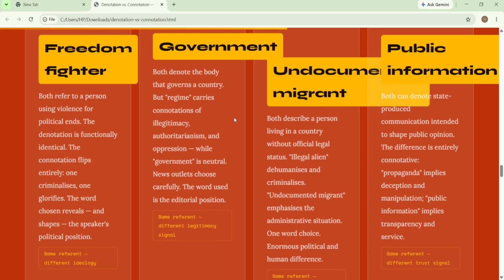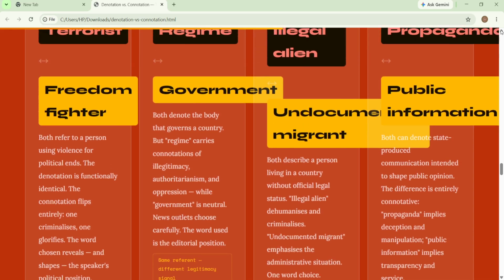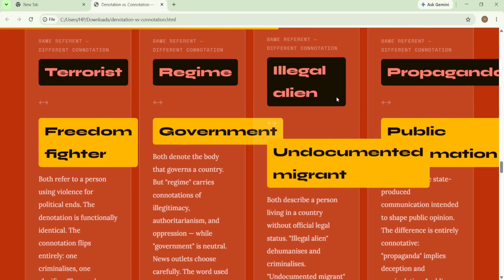Then another one is regime versus government. Both denote the body that governs a country, but regime carries authoritarian illegitimacy and oppression, while government is neutral. So same referent but different legitimacy signal. Another one is illegal alien versus undocumented migrant.